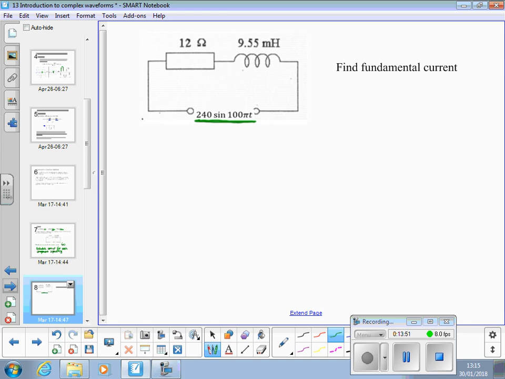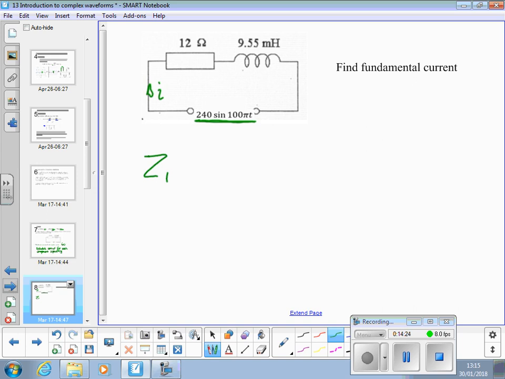Okay, how can we go about finding this current here in that circuit? Formula for current. So we'll call it, for the fundamental, we'll call it Z1.